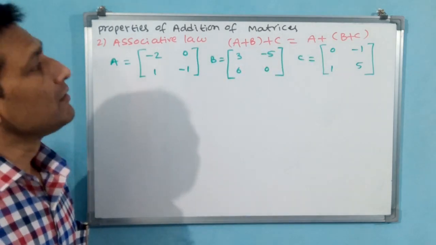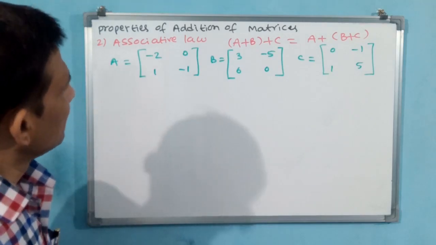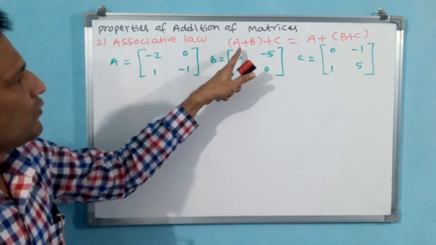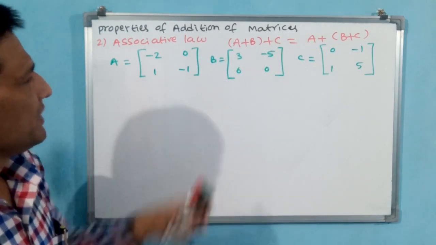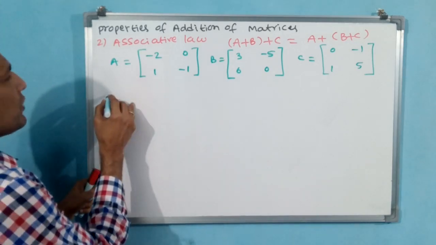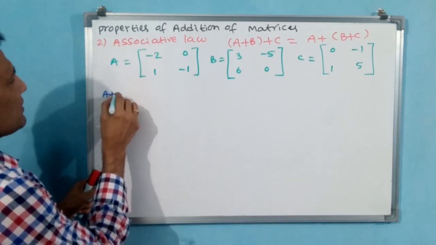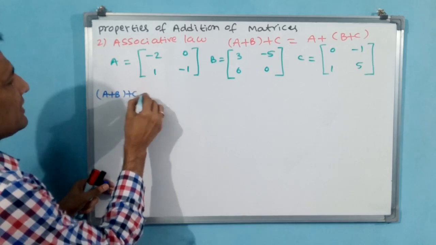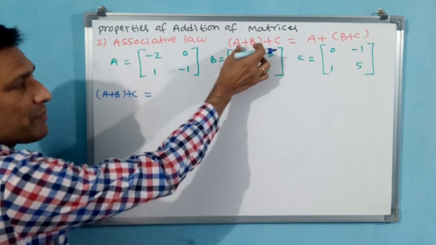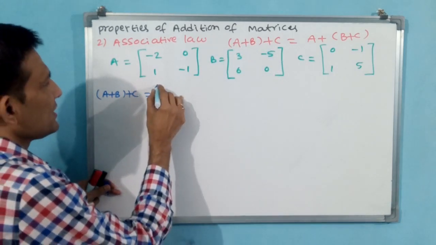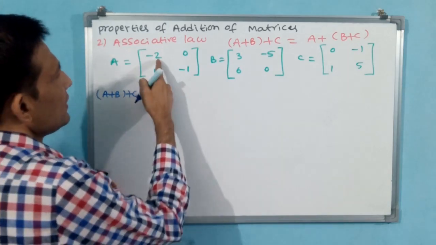to come equal to A + (B + C) or not. Okay. Now first you do (A + B) + C. We write down (A + B) + C is equal to, we know in between parentheses first you have to perform the operation. Okay.